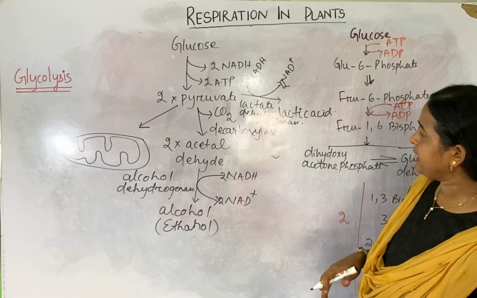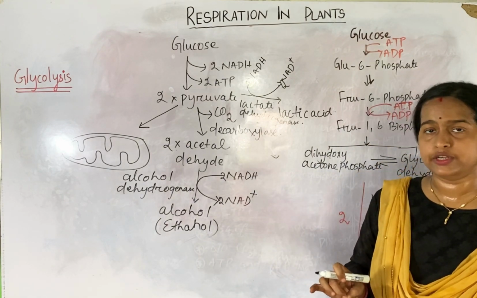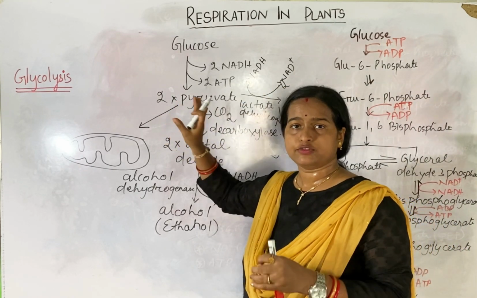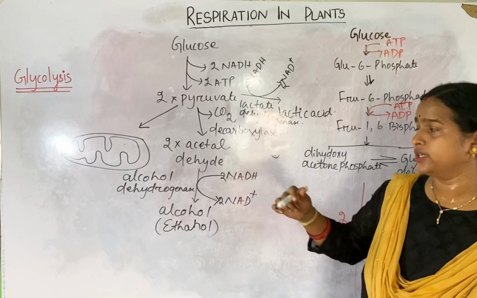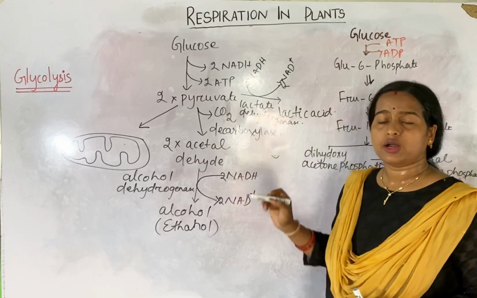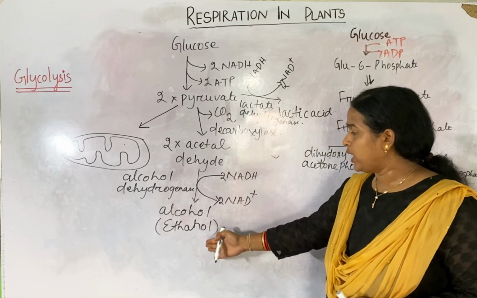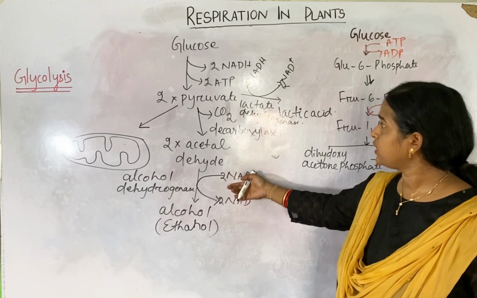So you can see there are different fates of pyruvate depending on the oxygen availability. If the oxygen is highly available, it will go to the mitochondria and perform further reactions. If oxygen is not available, it can be converted into alcohol in the yeast cell, and the NADH is used.